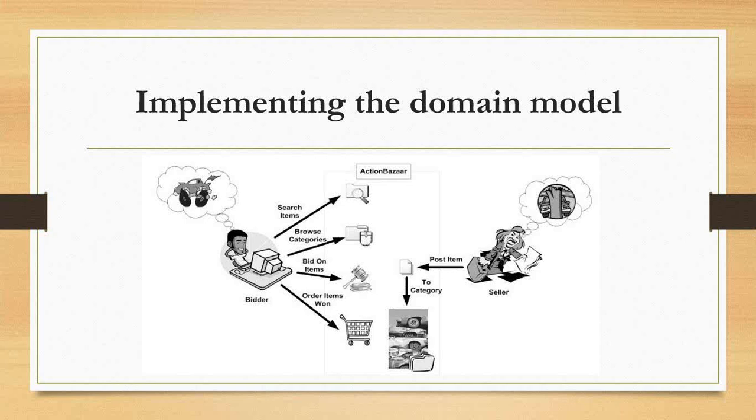Categories, items, bidders, sellers. These are the four which I can see.